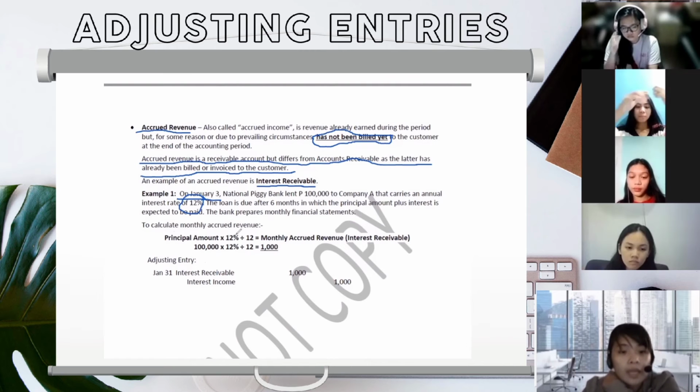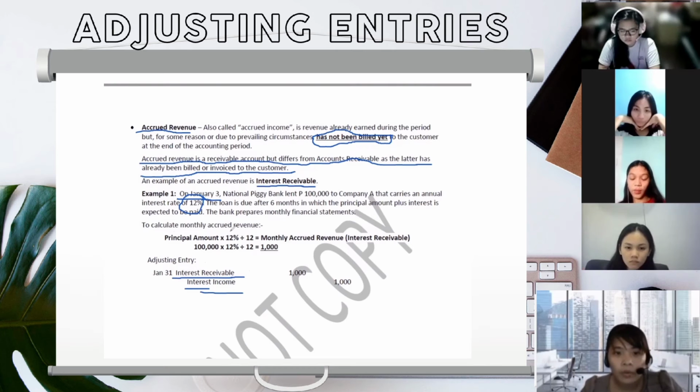So 100,000 times 0.12 which is 12,000, di ba? 12,000 divided by 12, you have 1,000. So magiging ganito lang yan. Ito, ganito lagi ang inyong entry. Okay? Accrued revenue usually ay interest. Very good. Ayan, sinabi naman niya. An example of an accrued revenue is interest receivable.